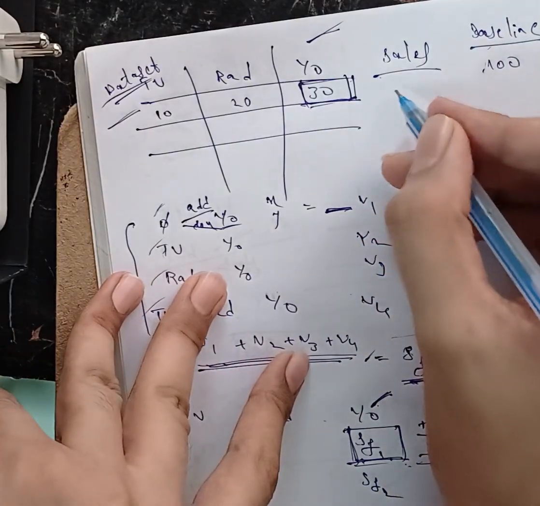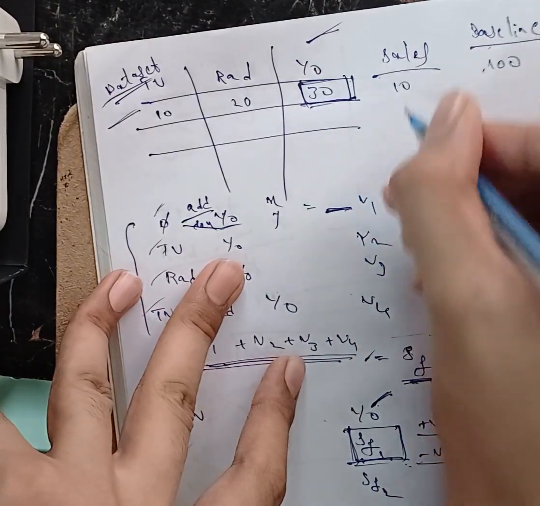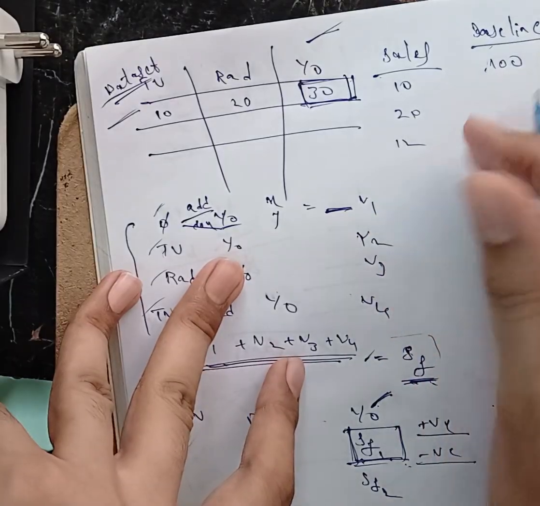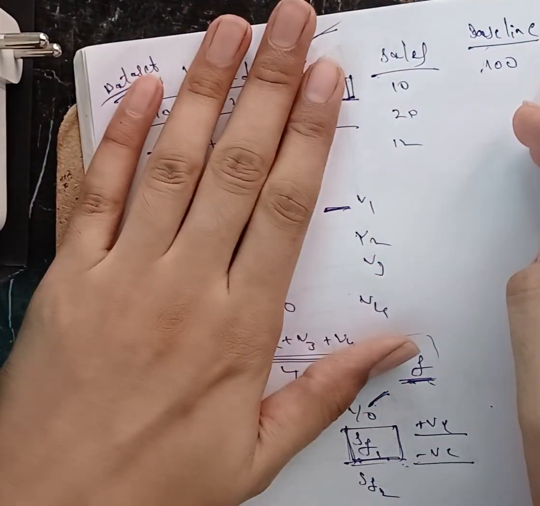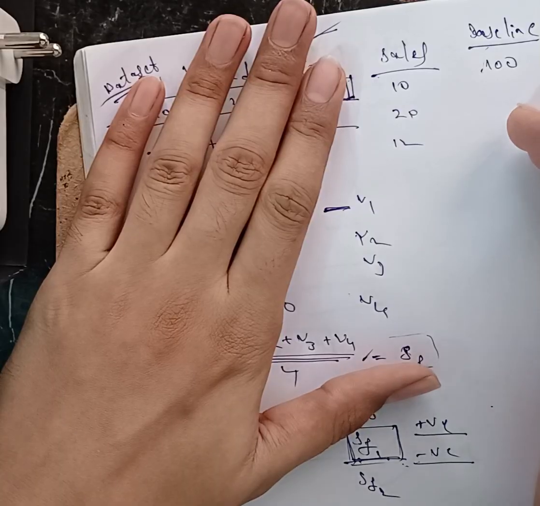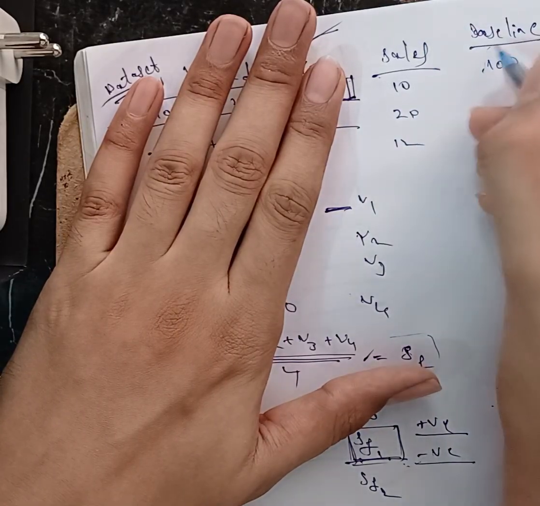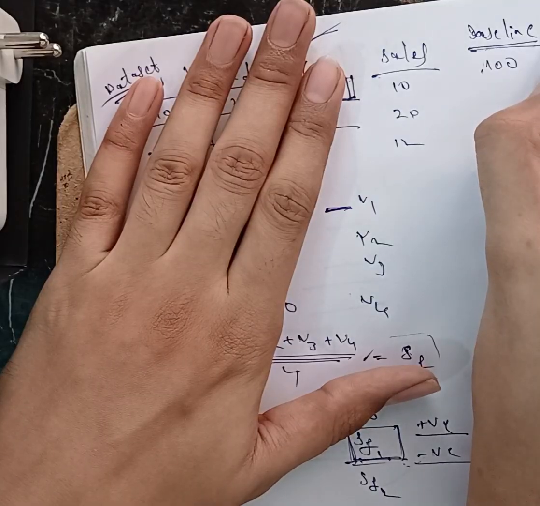Now we have different sales values, like 10, 20, some 12. Now let's say if you don't have any of these input features, what will be the sales? That is nothing but the baseline prediction.